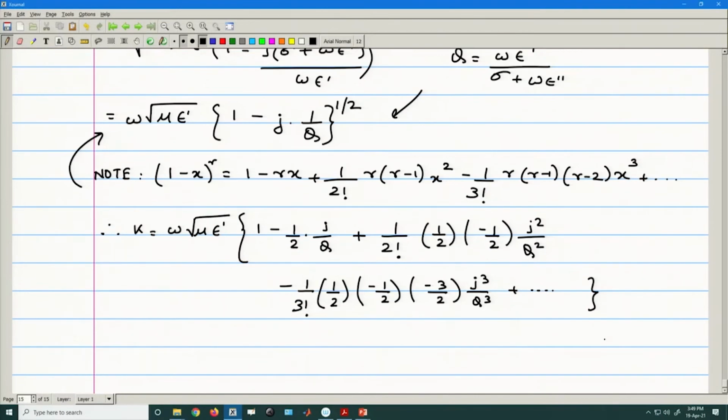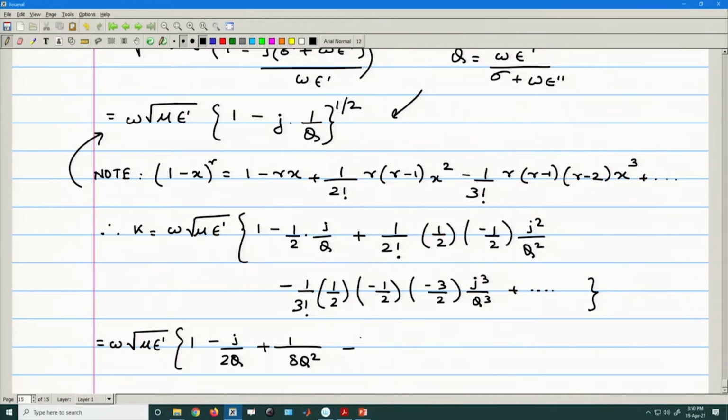Now, on further simplification, we can write this as omega mu epsilon prime. So, the first term is 1, then we have minus j by 2Q, plus 2 factorial is 2, so 2, 2, 2, 2 to 4, 4 to 8. So, 1 by 8, and this is j square, and this minus we will get plus, so over Q square.